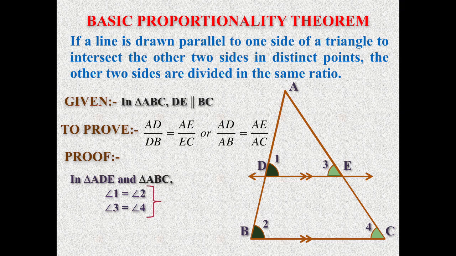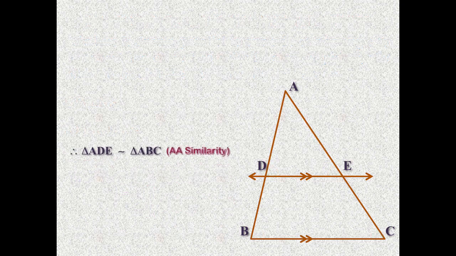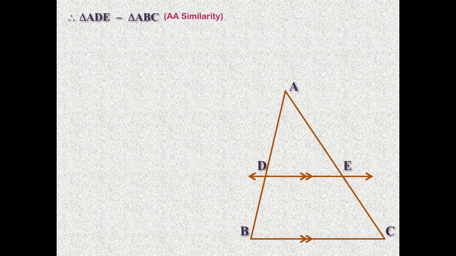Therefore, triangle ADE is similar to triangle ABC by the AA similarity rule. So, we can say that the corresponding sides of these triangles are in proportion, that is AD upon AB is equal to AE upon AC.